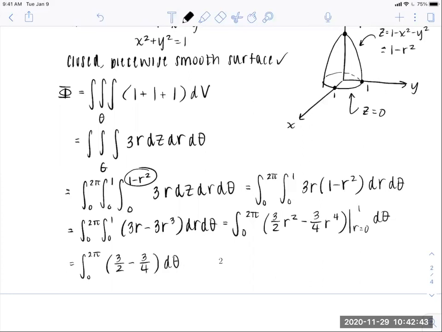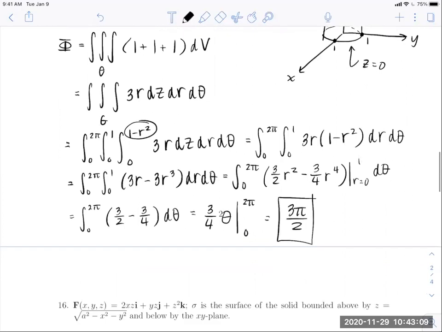All right, so 3/2 minus 3/4, that's 6/4 minus 3/4, which gives me 3/4. And then when I integrate with respect to theta, it just kicks out a theta from 0 to 2 pi. So my final answer here is 3 pi halves. So this is the flux of this vector field across the surface sigma.